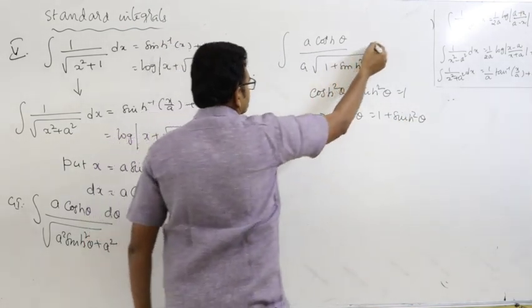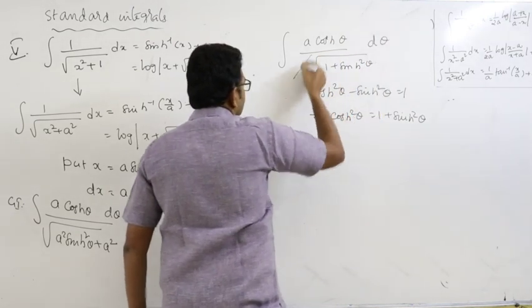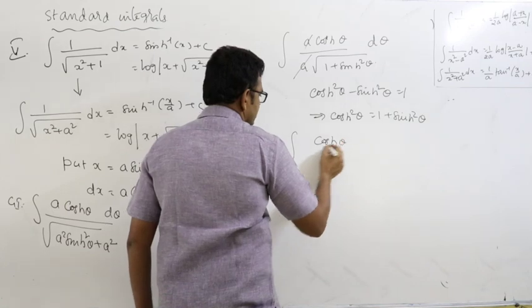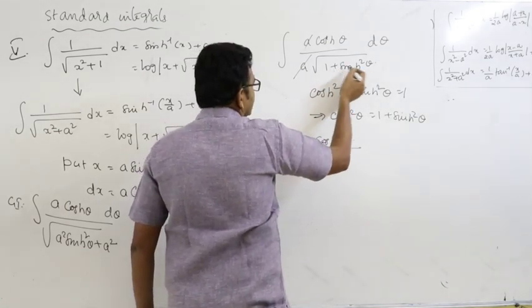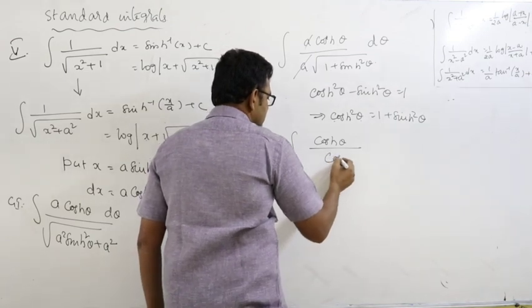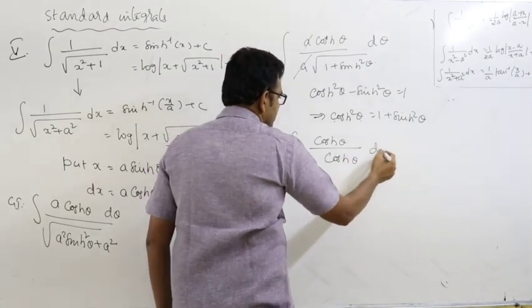Now, a cancels, integral cos h theta by root of 1 plus sin h square theta, which is cos h square theta, root is cos h theta d theta.